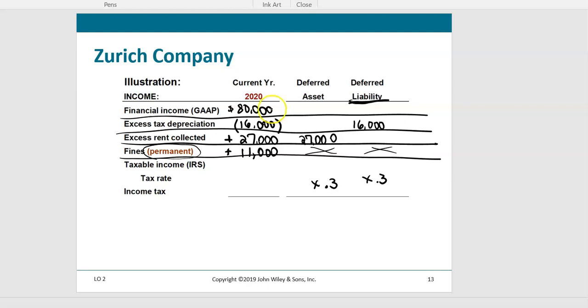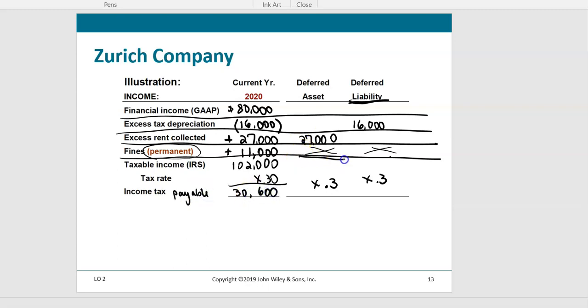So taxable income, start with our GAAP income of $80,000, then subtract $16,000, add $27,000, and add $11,000. Taxable income is $102,000. Multiply that by the tax rate of 30%. And this gives us our income tax payable of $30,600.